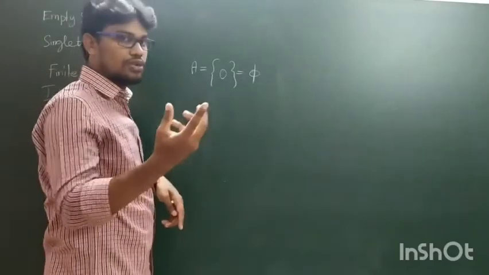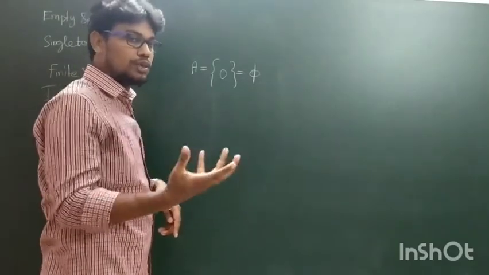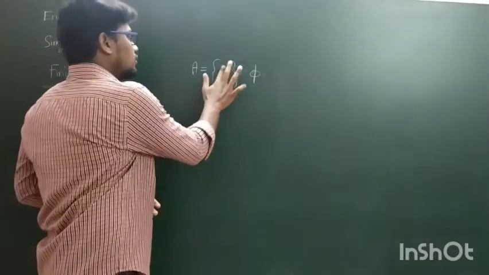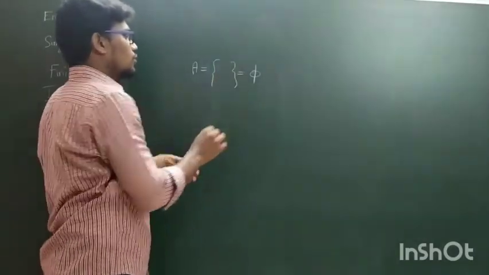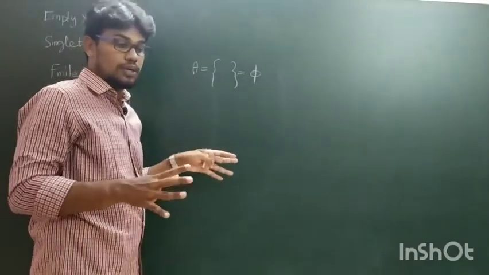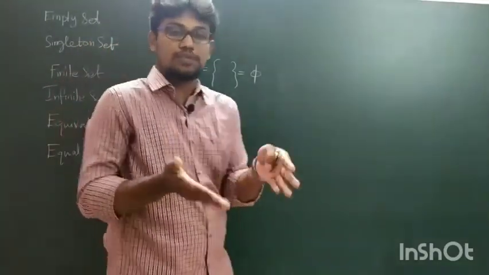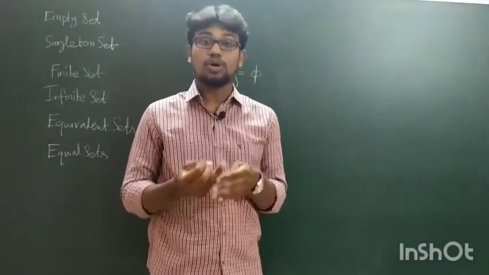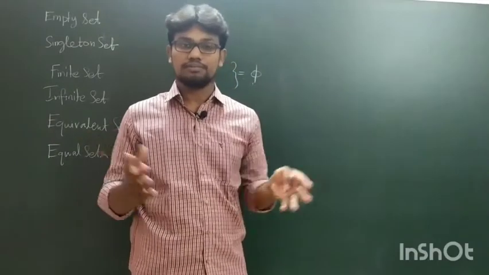Don't think that 0 has no value. No, that is a numerical. Set means a collection of objects. So we should not write this. If you put 0, that is wrong. Other equivalent words for empty set: we may say empty set or null set or void set, all are the same. Okay, fine.